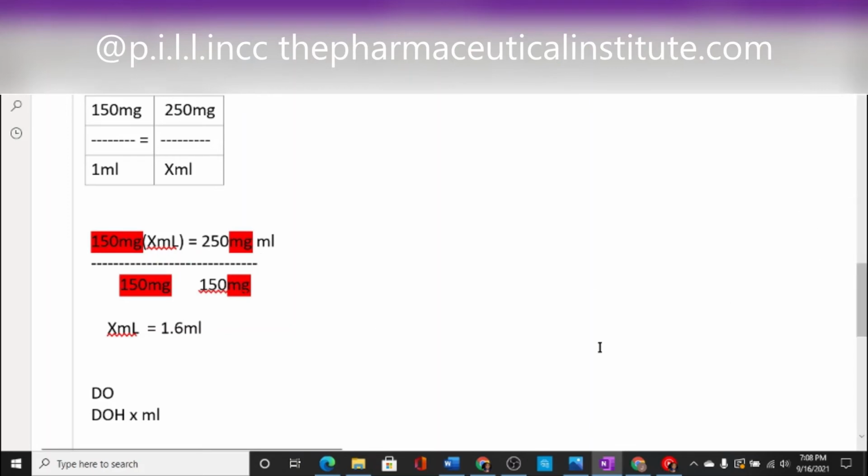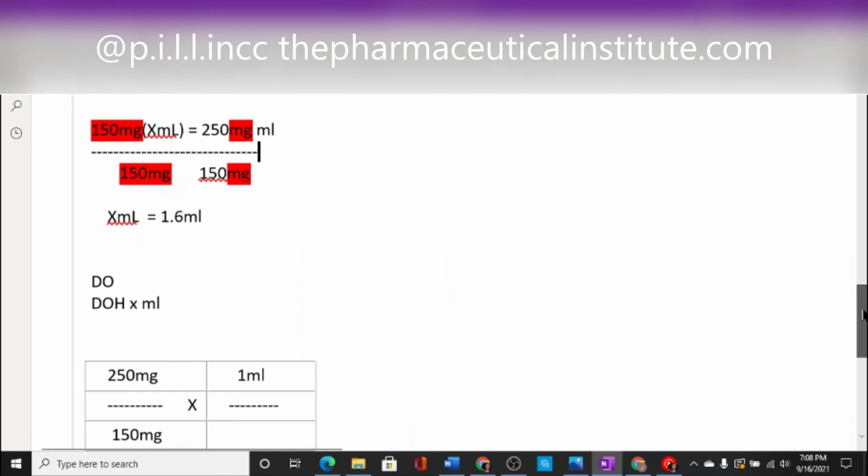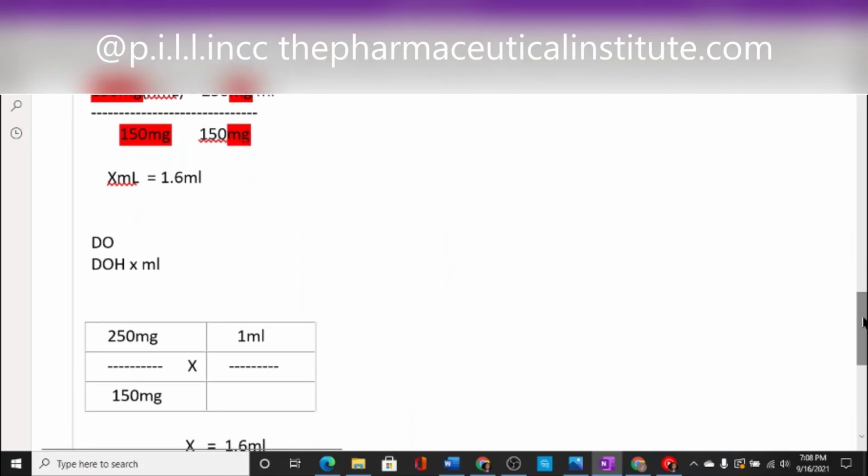Now let's also try our shorthand formula, dose ordered divided by dose on hand times 1 milliliter. We have a 1 milliliter concentration, and you'll see why that 1 milliliter concentration makes everything better. We don't have to worry about the stock dose concentration. Dose ordered, 250 milligrams on top, divided by dose on hand times 1 milliliter.